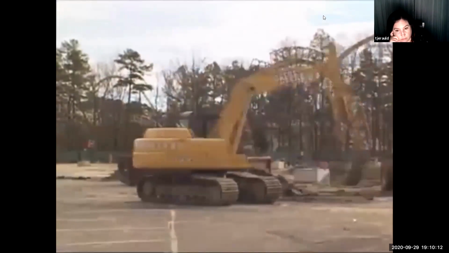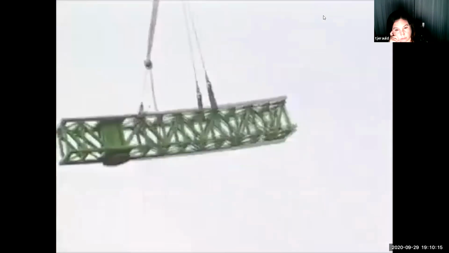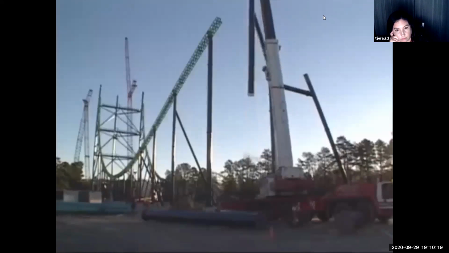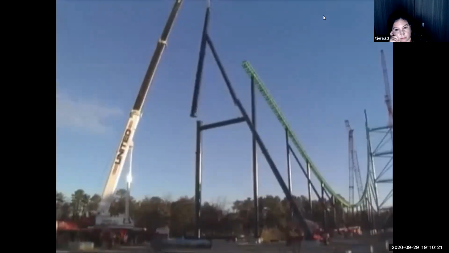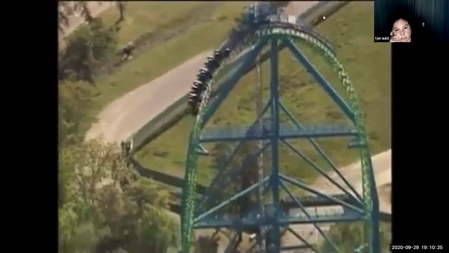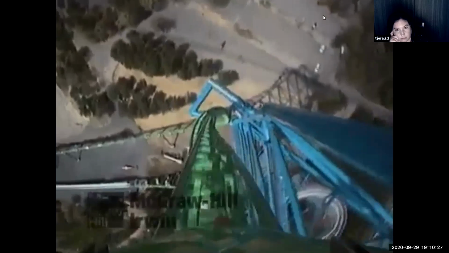Kingda Ka ultimately took 16 months to complete and ran 10% over its original project budget. But the world's tallest, fastest roller coaster has been thrilling fans ever since it opened, and Six Flags is certainly pleased with its success. And Larry Chicola acknowledges that with each new project, he becomes a better project manager.